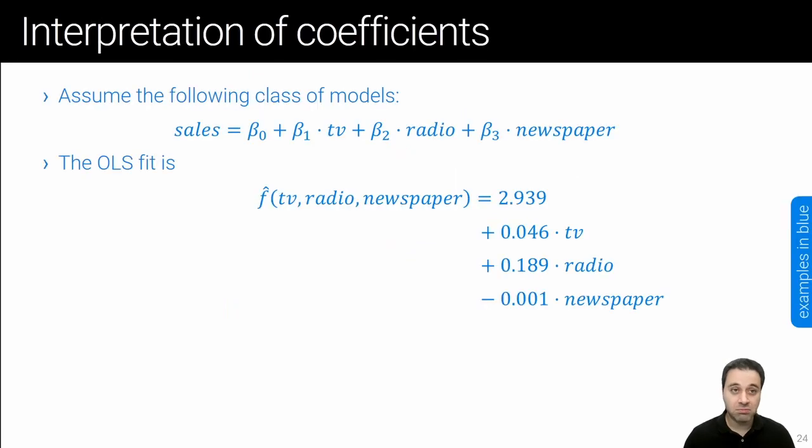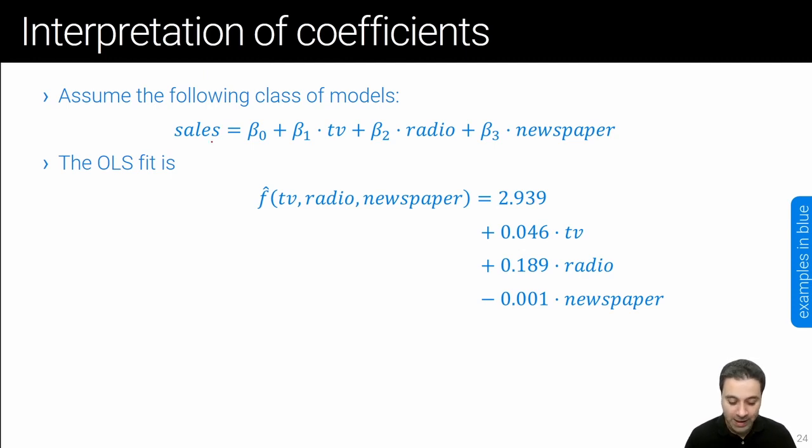So how do we interpret the coefficients? Okay, let's go back to the example in which we're looking at the sales of a certain product by the amount spent on advertising on TV, radio, and newspaper. So we now have 3 independent variables: TV, radio, and newspaper.